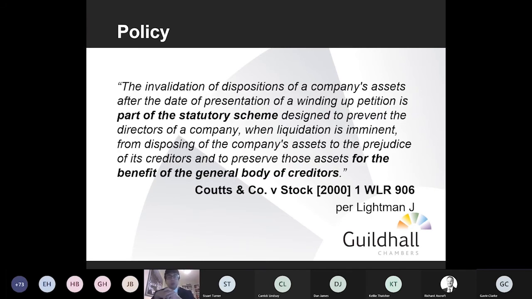Starting with a broad high-level overview, I just want to have a quick look at the policy underpinning section 127, because it's useful to consider how this particular provision fits into the broad statutory scheme.